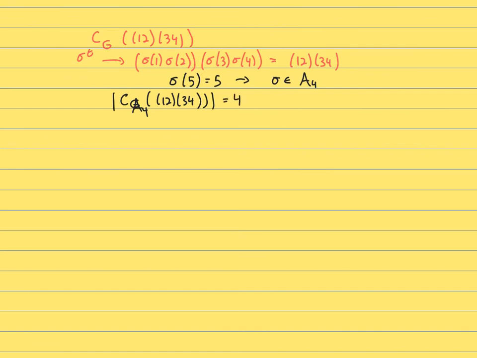And so we already know the size of this centralizer here because it turns out to be the same centralizer. And so now the index in G of this product of 2 disjoint transpositions is 60 over 4, which is 15.